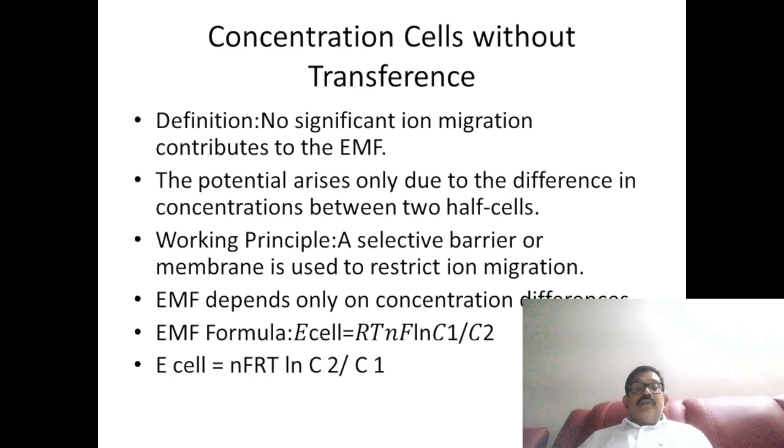EMF, E cell, is equal to RT by nF log of C1 by C2, or RT by nF log of C2 by C1. So this is the formula to calculate the EMF.